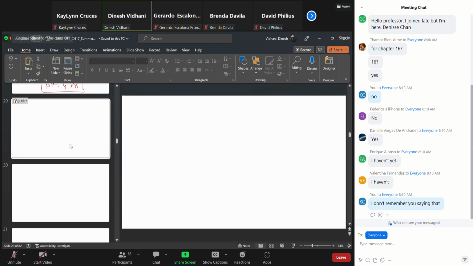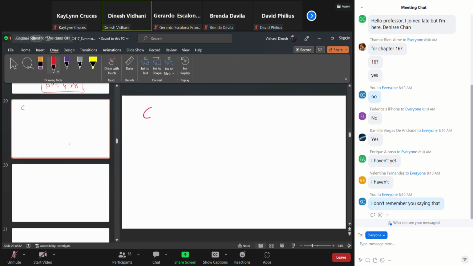So I'm going to write down that equation one more time for you guys. We had acetic acid. It dissociates into acetate ions plus hydronium ions, right? Okay. Now, in this case, you are given a buffer solution.